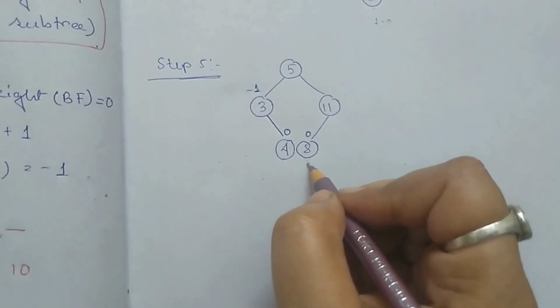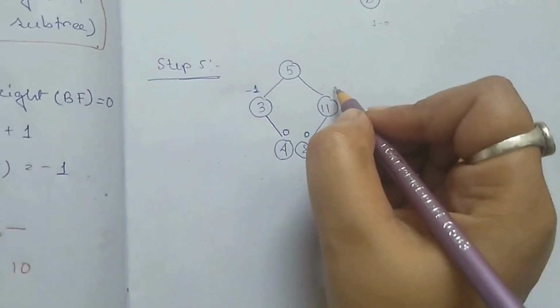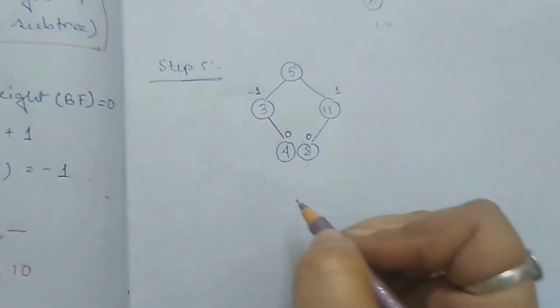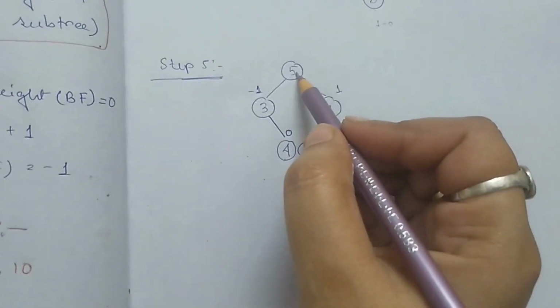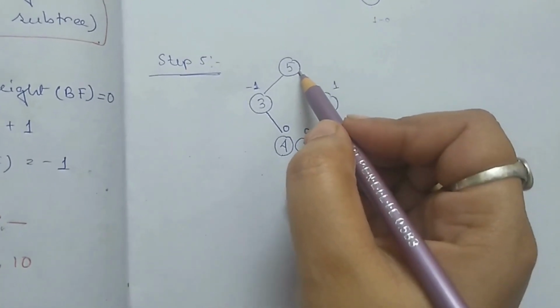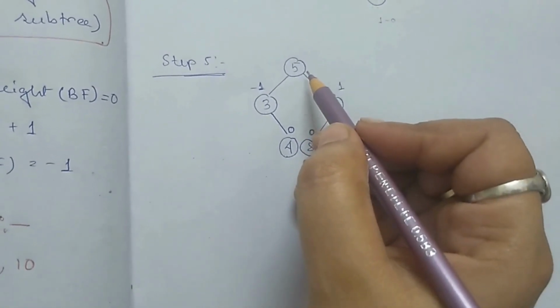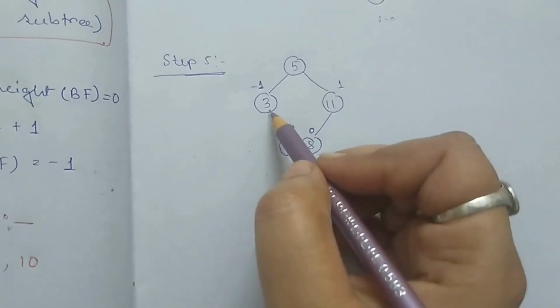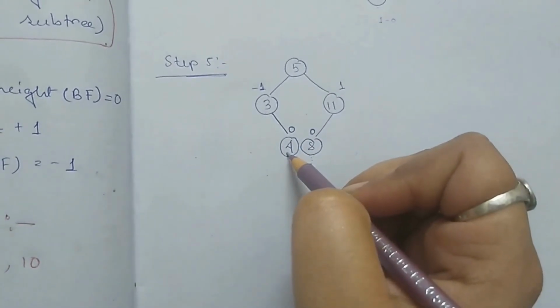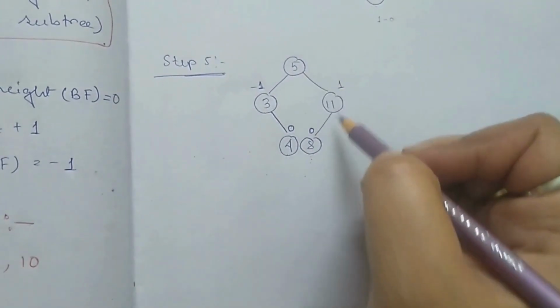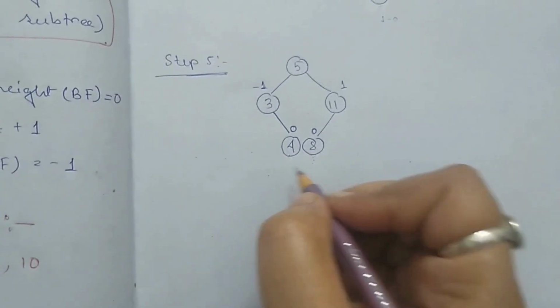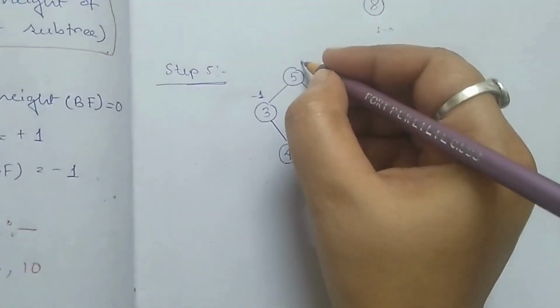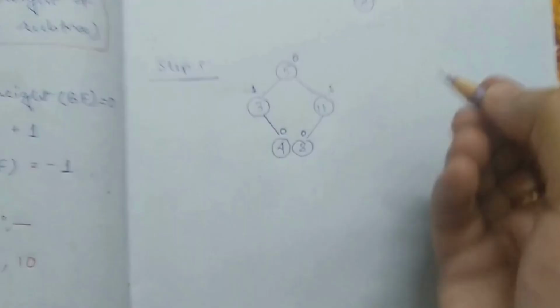For that reason 1 minus 0, the height of 11 is 1. And if we consider the highest node, that is the root node value 5, in that case here we see that there are 2 nodes in the left subtree and another 2 nodes in the right subtree, that is 2 minus 2, the height of 5 or the root node is 0. Okay.